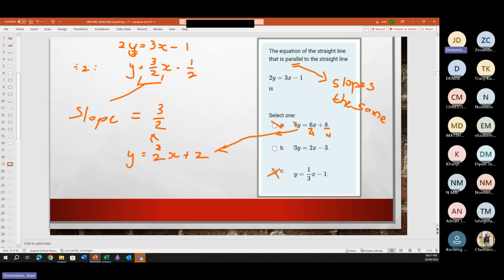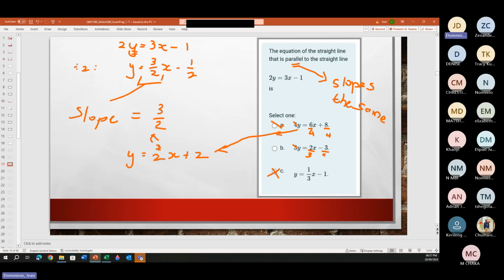Let's just check. To get y on its own here, I will need to divide by 3. So if you divide by 3, then it is 2 divided by 3. Okay, 2 divided by 3 is not the same slope. So that's also why option B is the incorrect one.